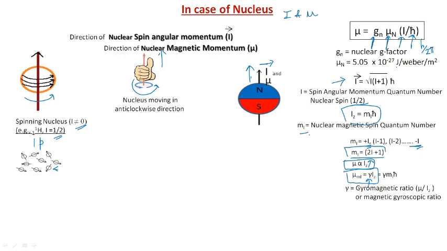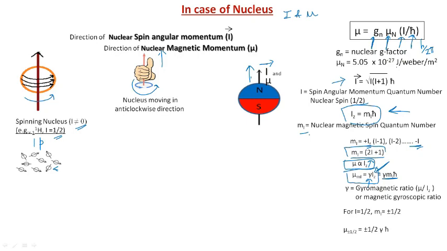If I replace the value of this z component of the angular momentum from this equation to this equation, then we will have the value of this magnetic moment equal to gamma m_I h cross.